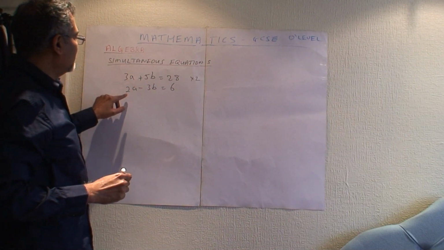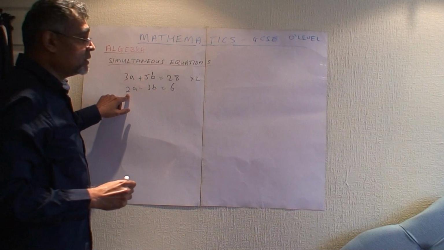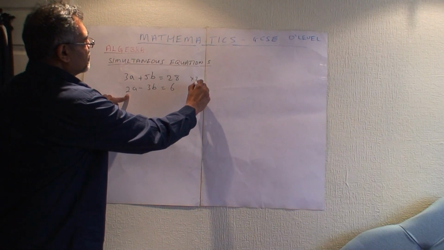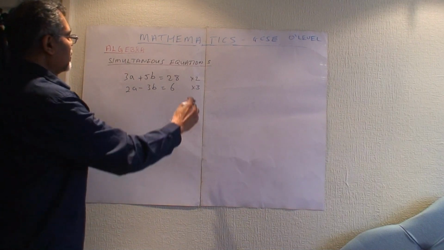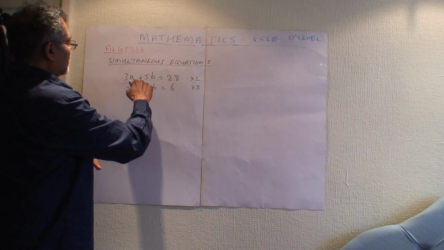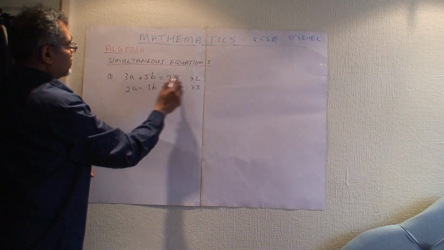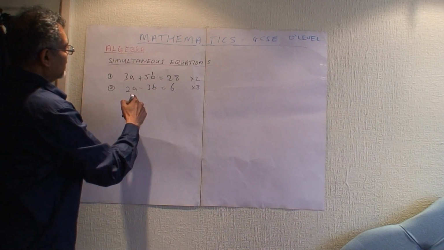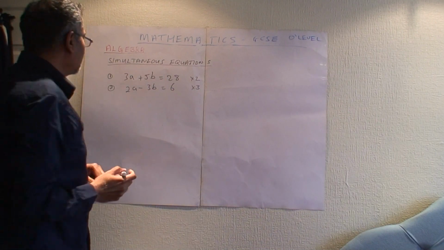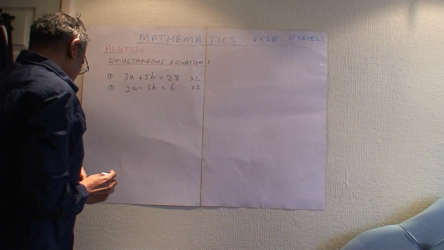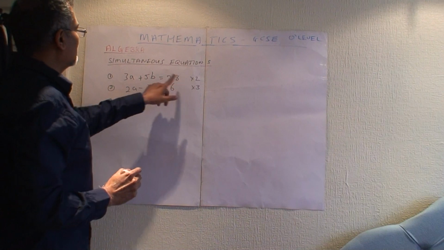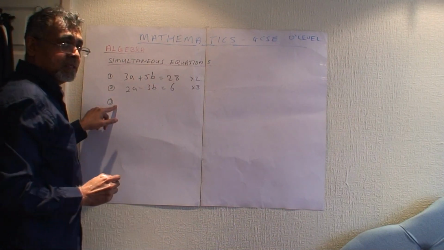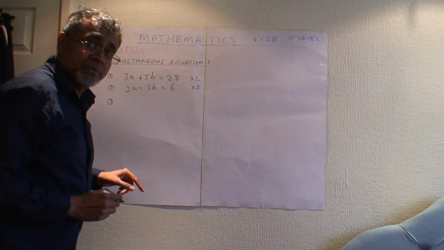But then to make this 6, we have to multiply by 3. So we multiply this first one by 2, the second equation by 3.